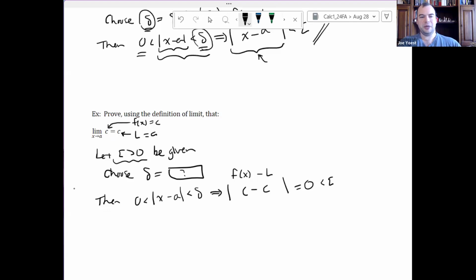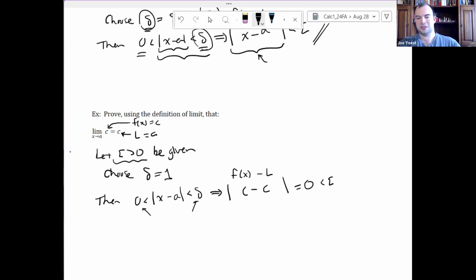I could choose delta basically any way that I want. It just has to be positive to satisfy this inequality. I could choose it to be epsilon or square root of epsilon or epsilon over 2. I just choose it to be 1. Doesn't really matter. So I could pick delta to really be any positive number that I like. It could be a function of epsilon, or not.